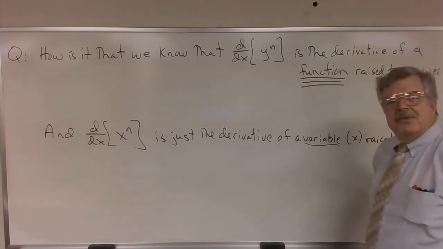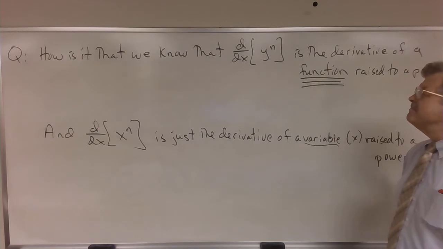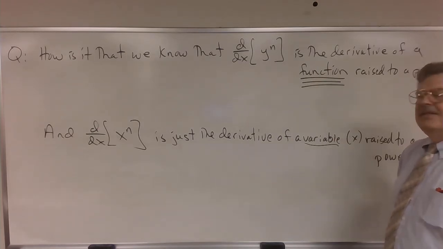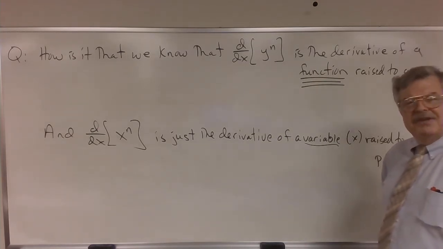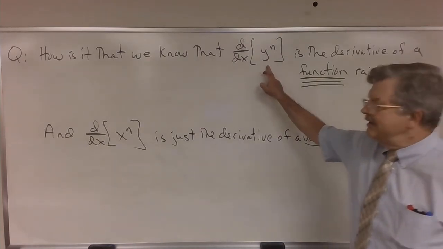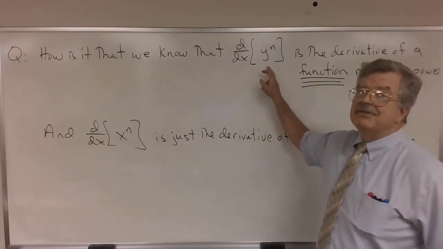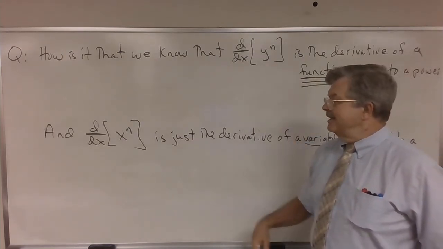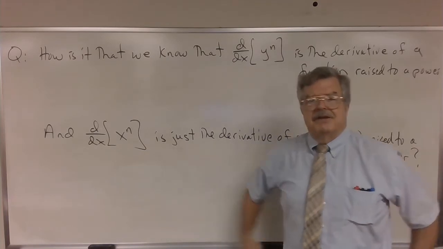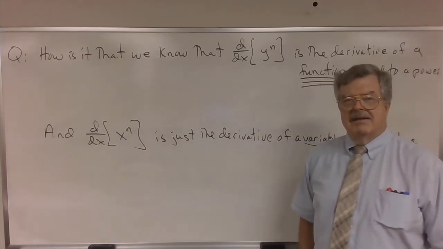Is there anything that we can home in on that would tell us, nope, this one's definitely different than that. This is a function raised to a power. This is a variable raised to a power.